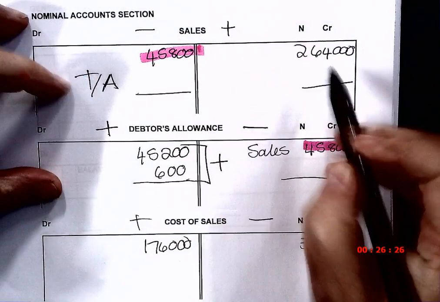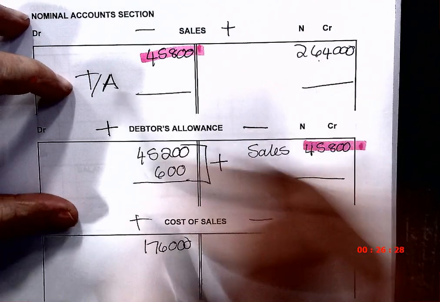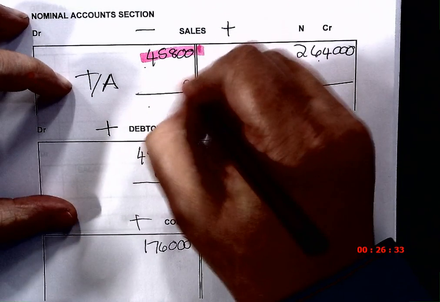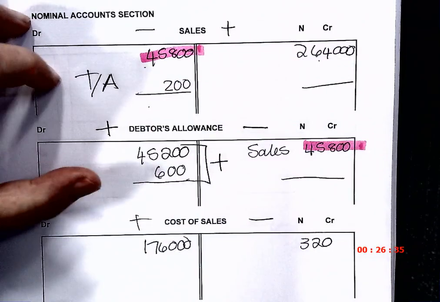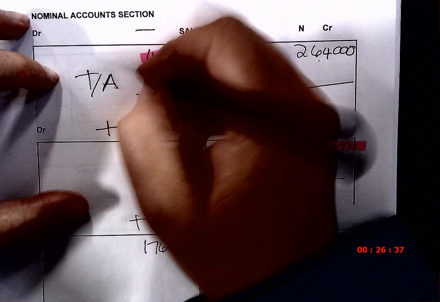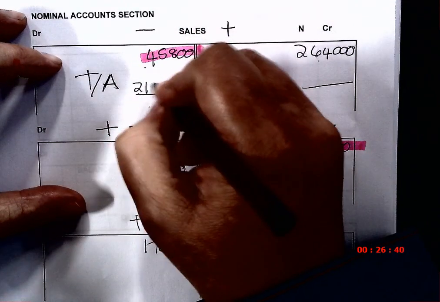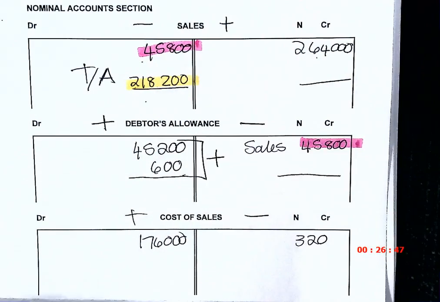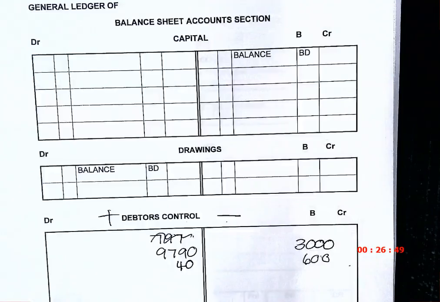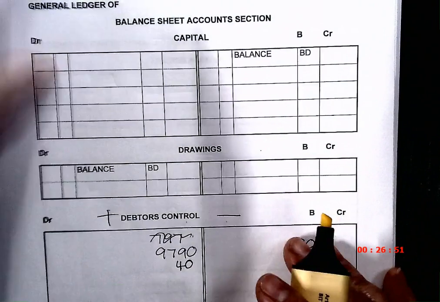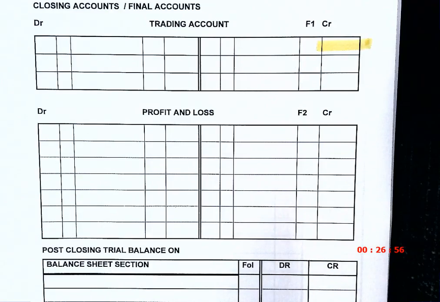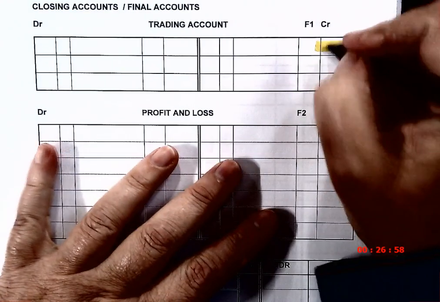I say 264 less 45 gives me what? 218. And that 218 I take to my trading account. $218,200.